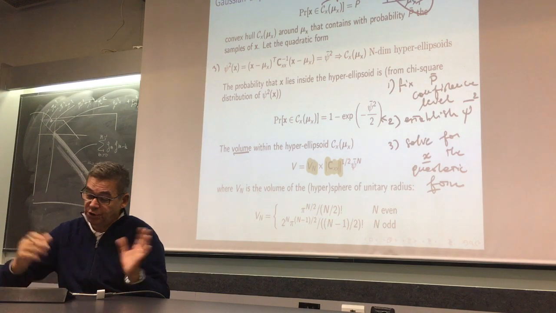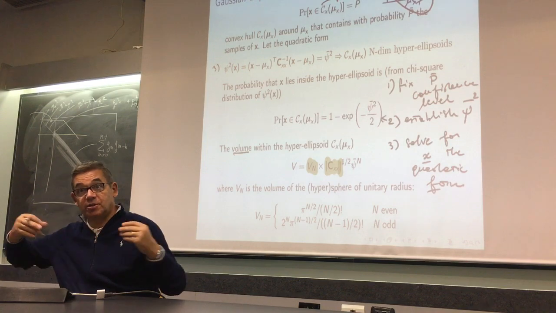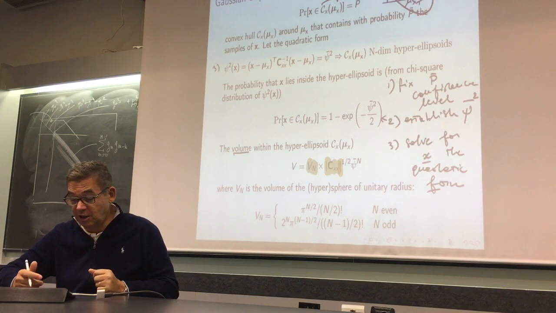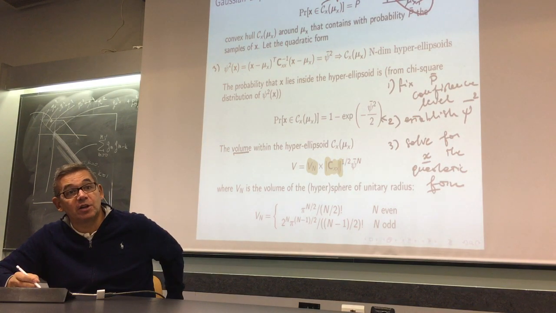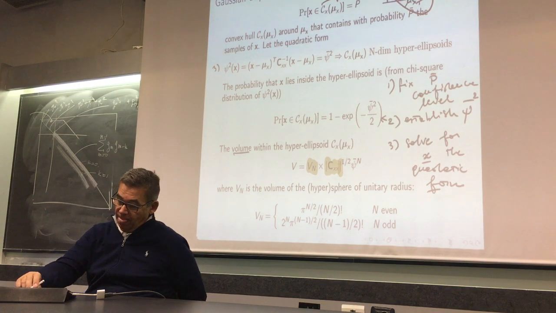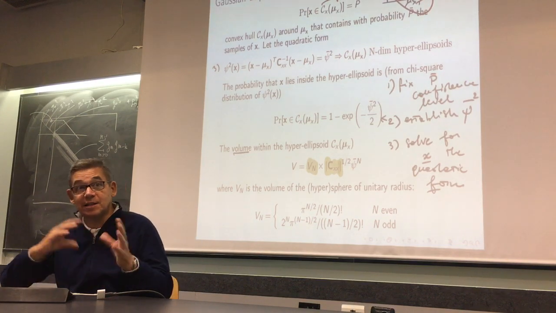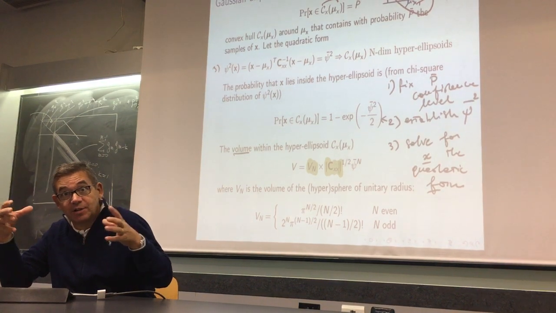So this total volume depends on the volume of the hypersphere, stretched, made longer, by the square root of the determinant of the covariance. So the covariance has an impact on the size of this hyperellipsoid.